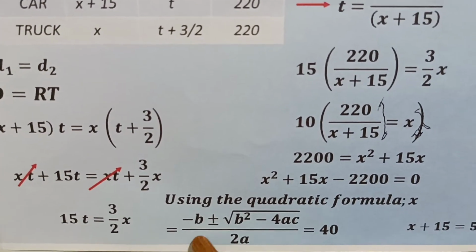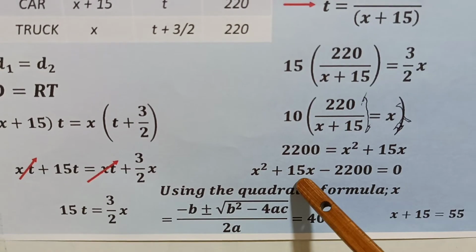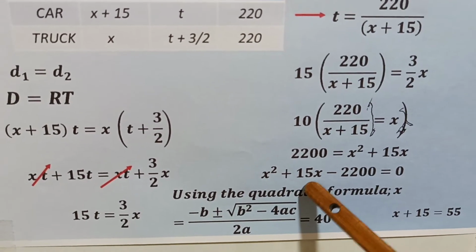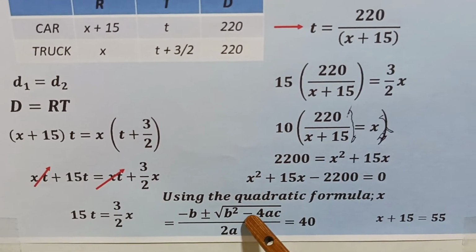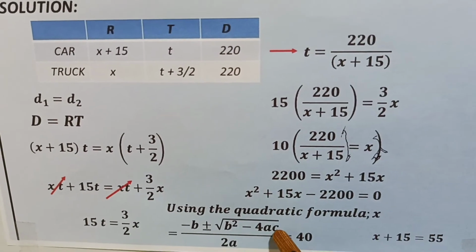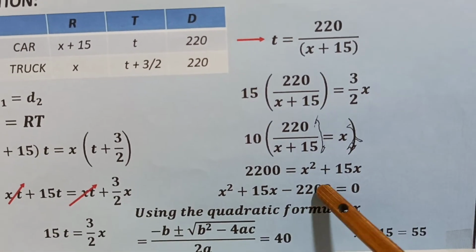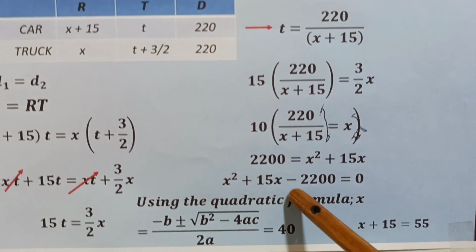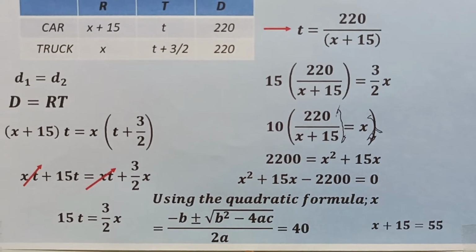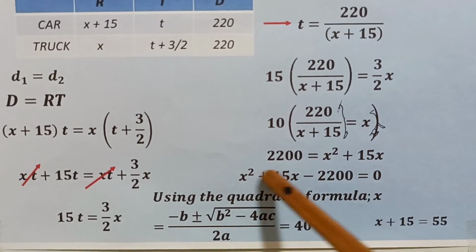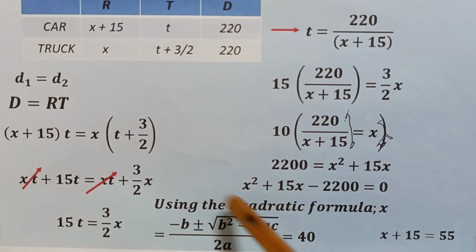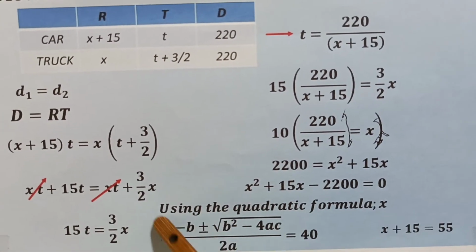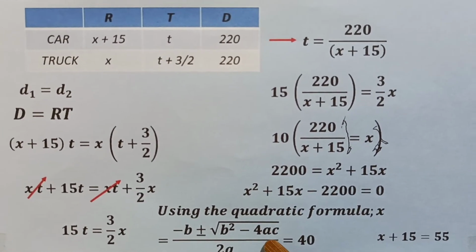So negative b is negative 15, b squared is 225 minus 4, a is equal to 1, and c is equal to negative 2200, all over 2a, and we're going to get 40. It's up to you to practice using this quadratic formula.